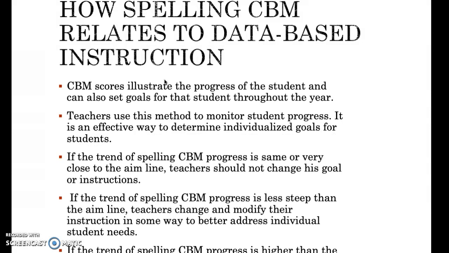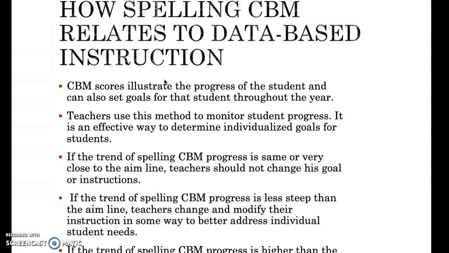So how does spelling CBM relate to data-based instruction? CBM scores illustrate the progress of the student and can also set goals for that student throughout the whole year. Teachers use this method to monitor student progress. It is an effective way to determine individualized goals for students. If the trend of spelling CBM progress is the same or very close to the aim line, teachers should not change the goal or instructions.